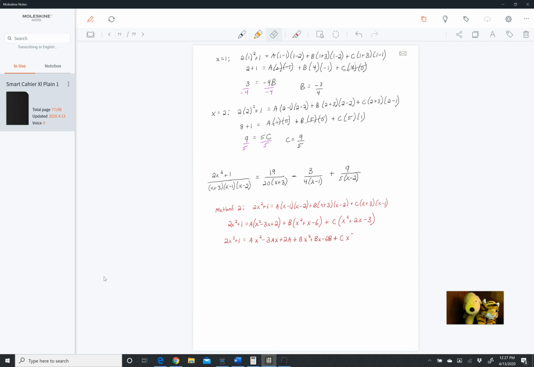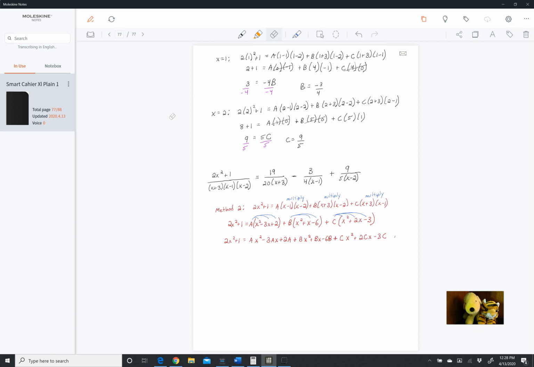Plus cx squared plus 2cx minus 3c. So we distributed the constants here. So first we multiply, multiplied each of these factors together, and then we distributed the constants.